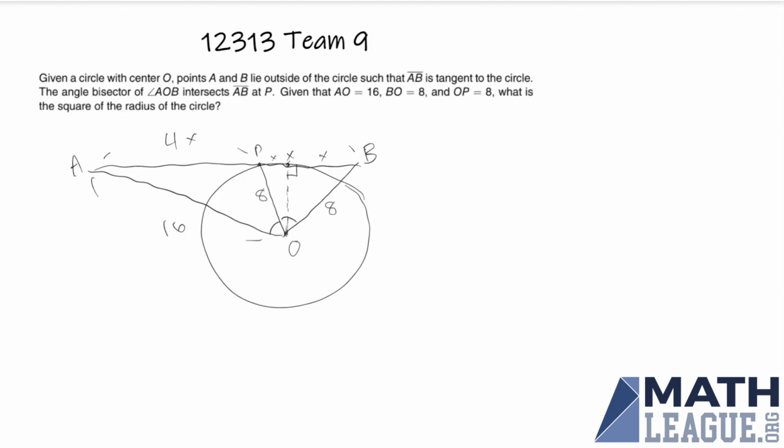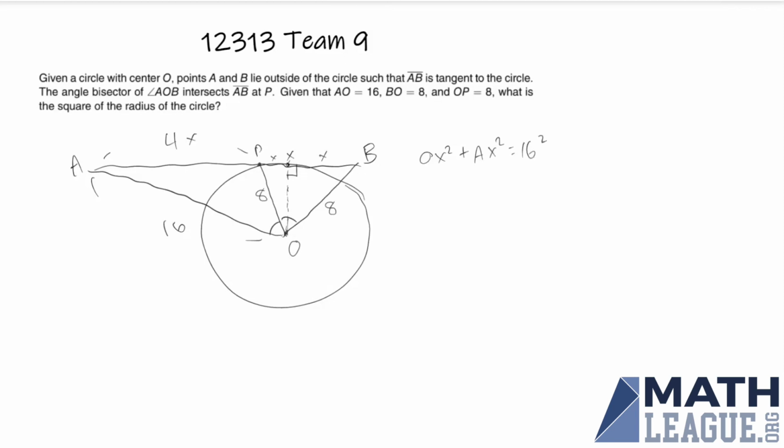Now, this diagram is not to scale, but geometrically, this is what is actually happening. Then we can use the Pythagorean theorem on AXO and BXO. So we have OX squared plus AX squared equals 16 squared, or AO squared.